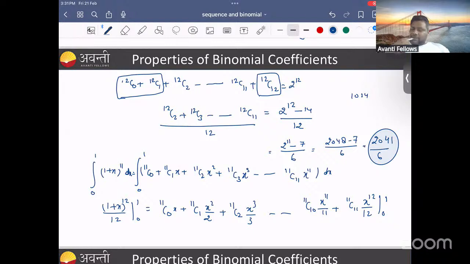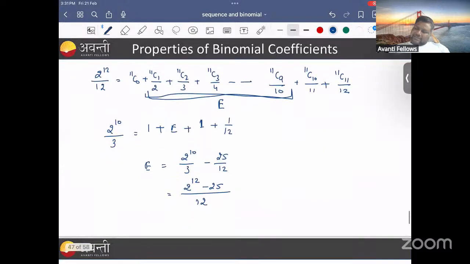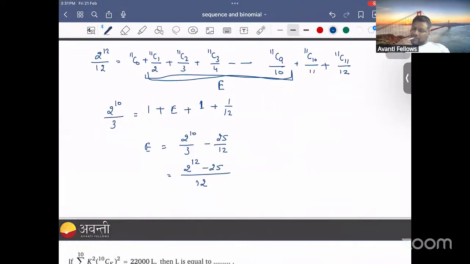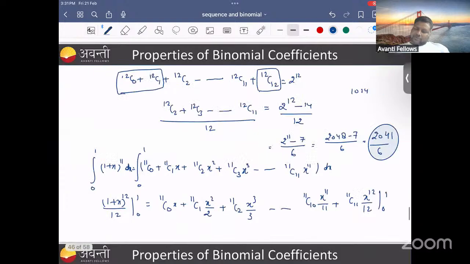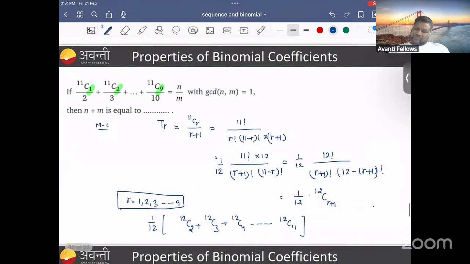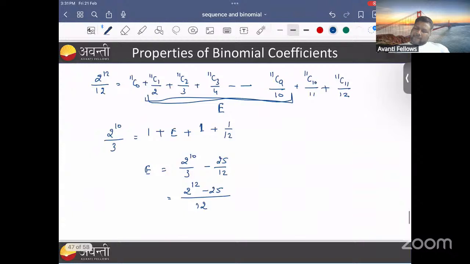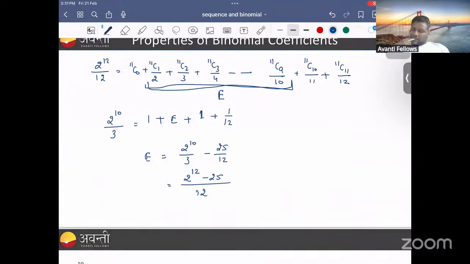Is there some mistake that happened? 11C10 is 11 by 11, 1. 11C11, 1 by 12. 11C1 upon 2. The power 10 upon 3 minus 2.